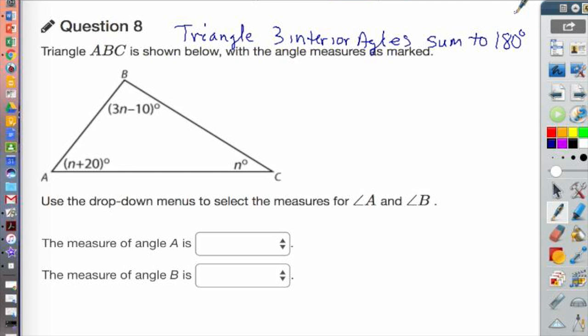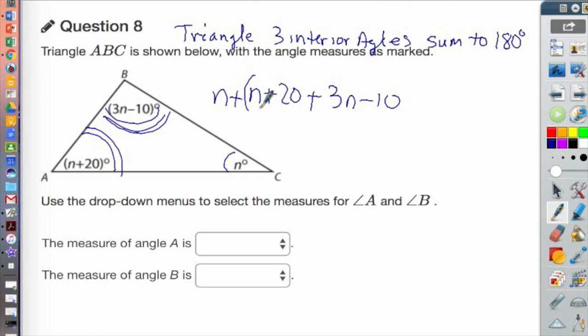So we're going to take this angle and this angle and this angle. We're going to add them up to 180 degrees. So I got (n + 20) + (3n - 10). I'm going to keep the parentheses for now, just in case there was ever something we had to distribute. They all add up to 180.